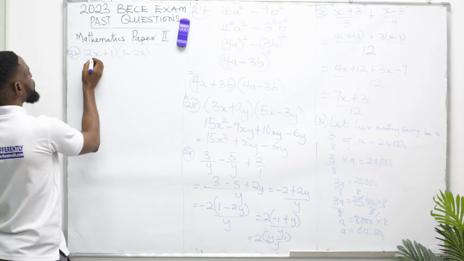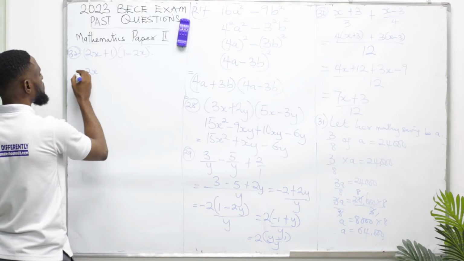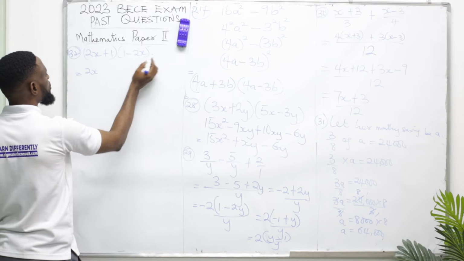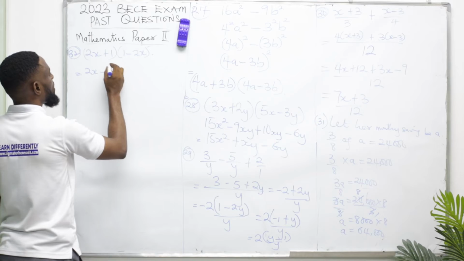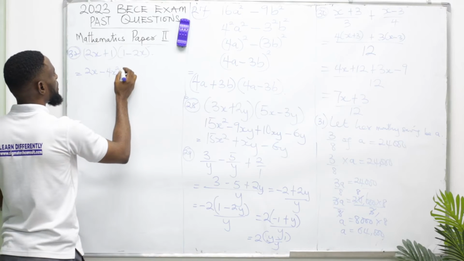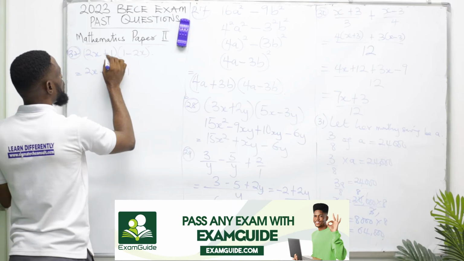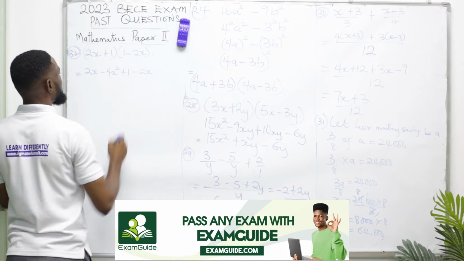All right, so 2x times 1 is 2x. Then 2x times minus 2x is minus 4x squared. Then 1 times 1 is plus 1. Then 1 times minus 2x is minus 2x, right?